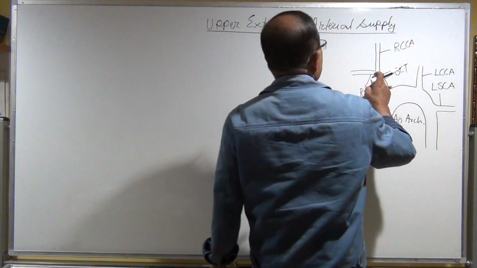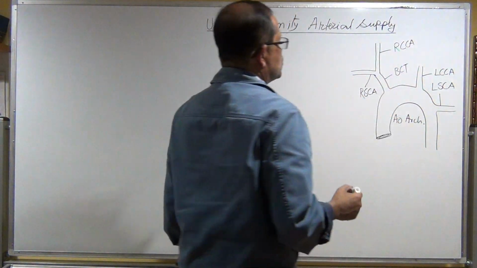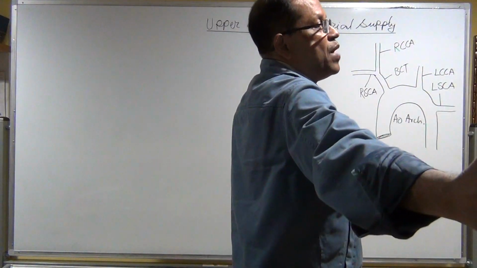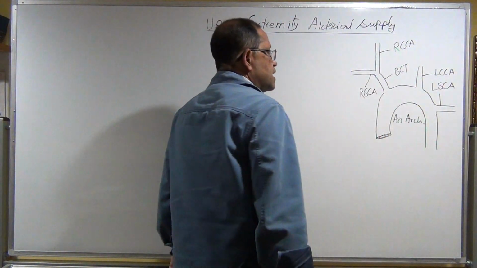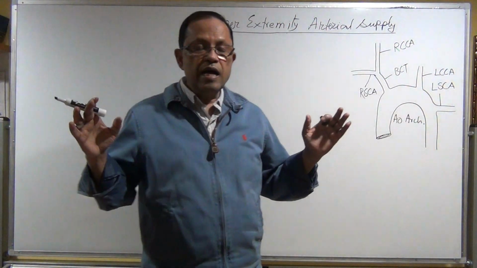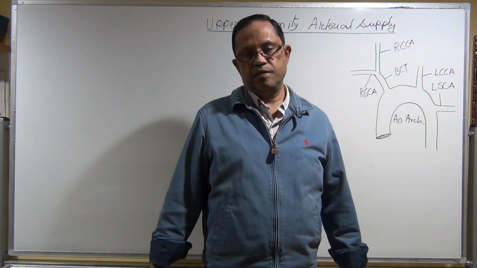This right subclavian artery is the main source of the arterial supply of the right upper extremity, and both subclavian arteries are high resistive blood vessels.